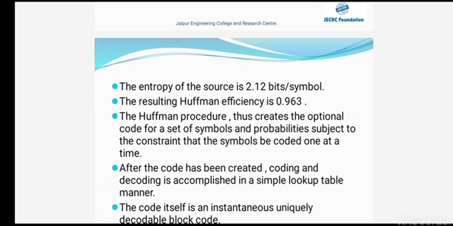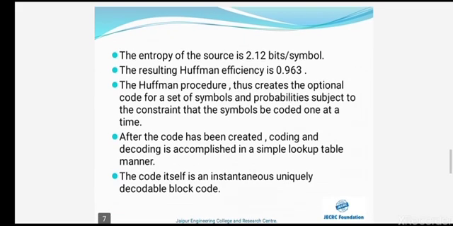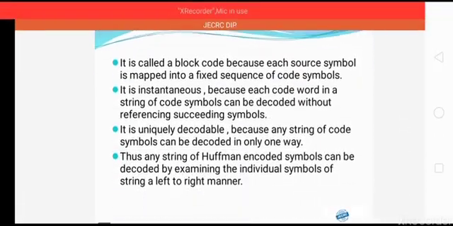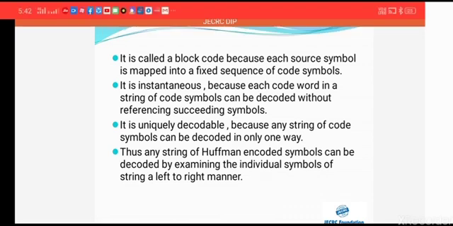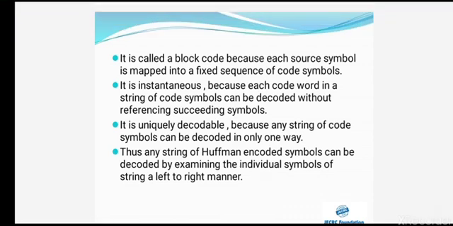After the code has been created, coding and decoding are accomplished in a simple lookup table manner. The code itself is an instantaneous, uniquely decodable block code. It is called a block code because each source symbol is mapped into a fixed sequence of code symbols.